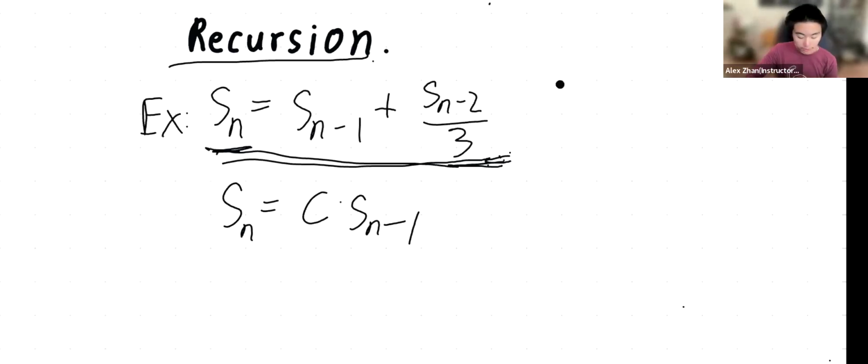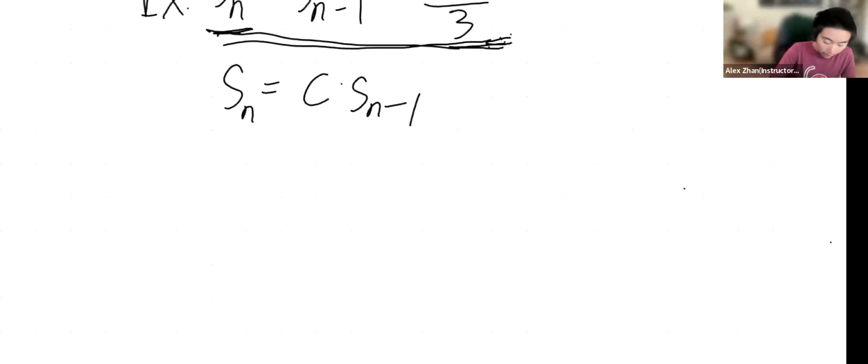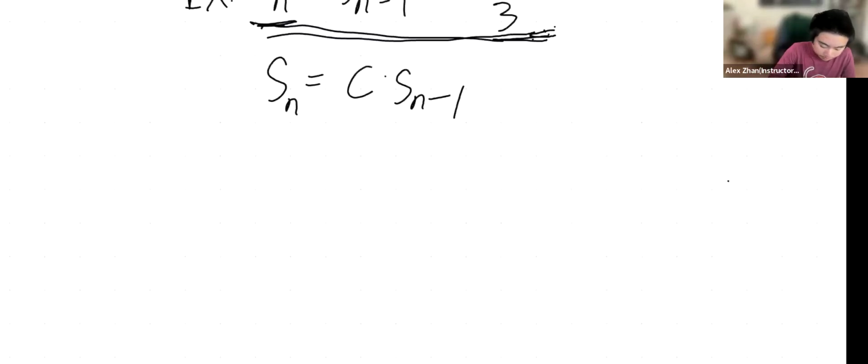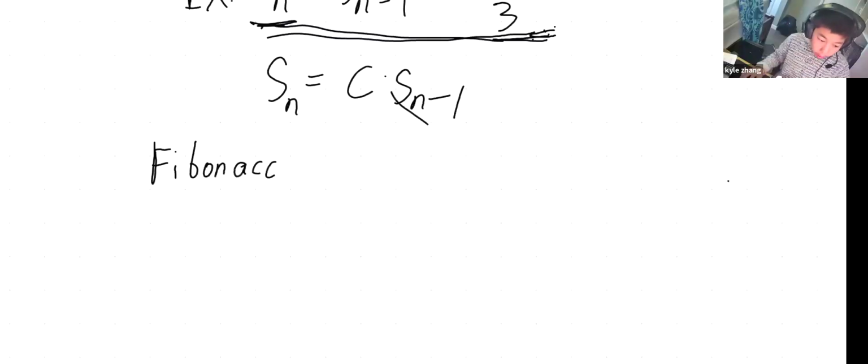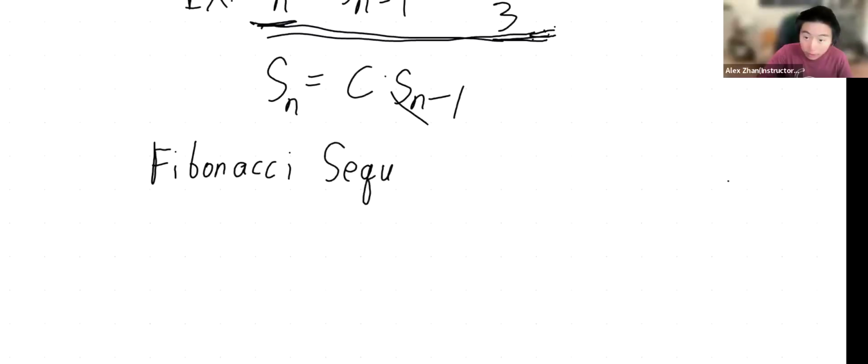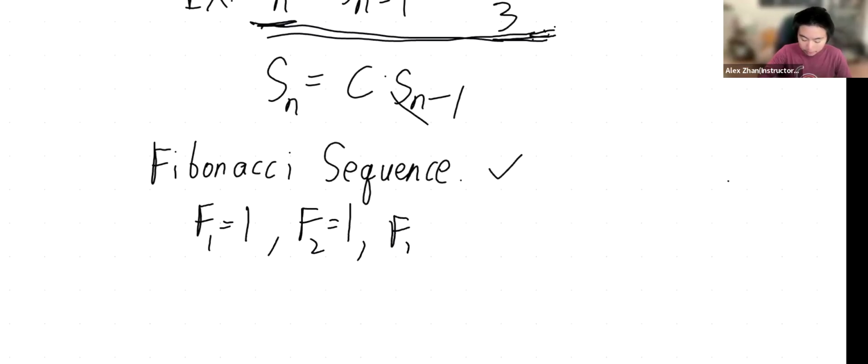Okay, so let's start with some really basic recursions. How about the Fibonacci sequence? You may have already heard about what a Fibonacci sequence is. It is a sequence defined in the following way: F1 equals 1, F2 equals 1, and Fn equals Fn minus 1 plus Fn minus 2.